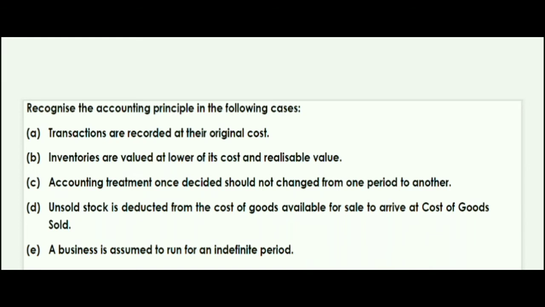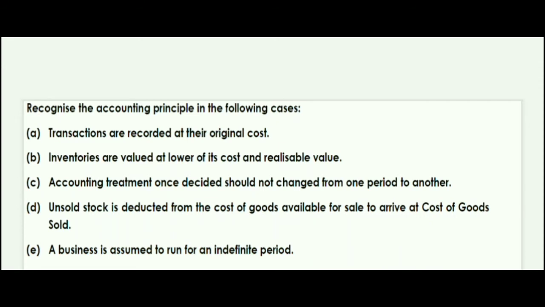Next is unsold stock. Unsold stock is deducted from the cost of goods available for sale to arrive at cost of goods sold. Which principle is this? It's a little bit complicated, you can say.